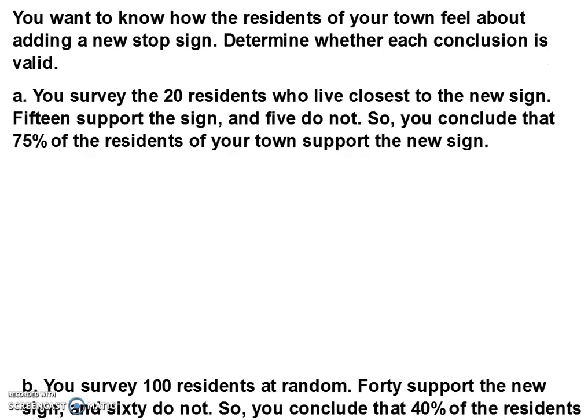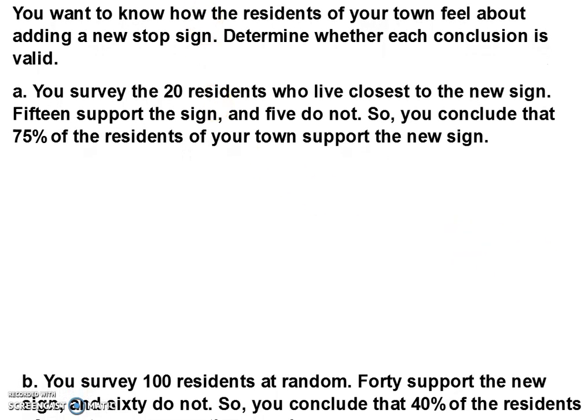So let's decide. It says you want to know how the residents of your town feel about adding a new stop sign. Determine whether each conclusion is valid. Now, a conclusion would be invalid if we ask the wrong people. So, the first one says you survey 20 residents who live closest to the new sign. 15 support the sign, 5 do not.